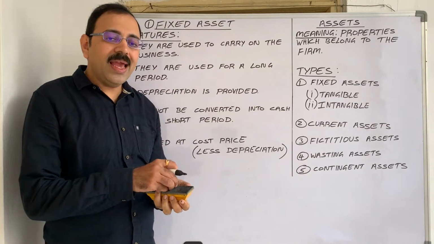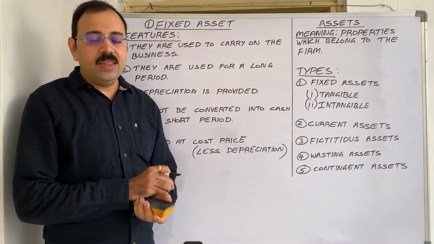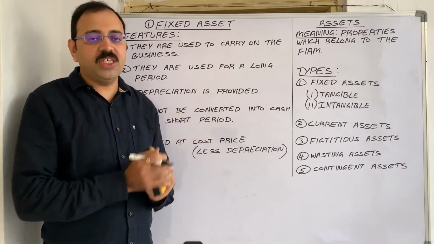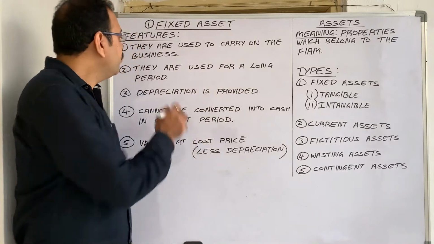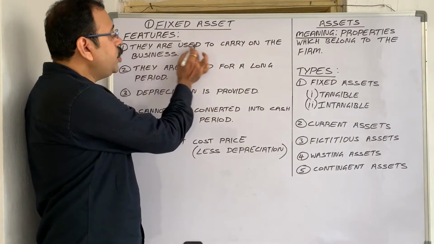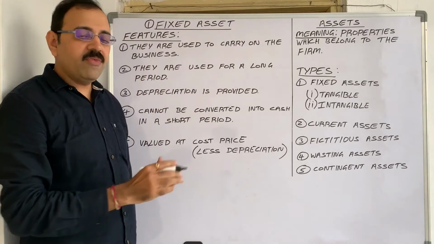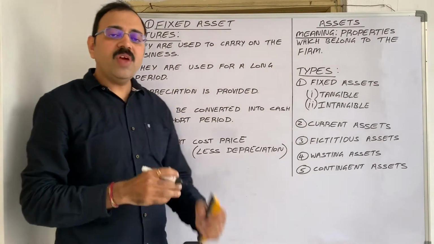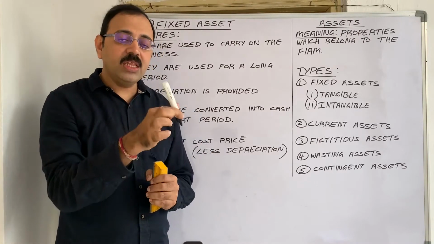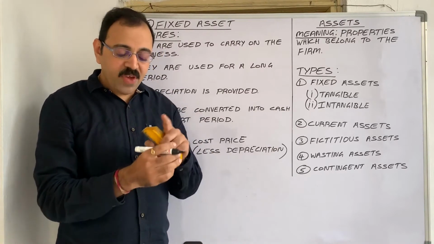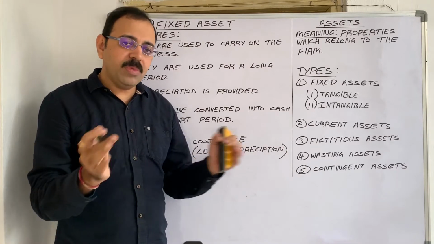To call any asset a fixed asset, that asset should possess some features. What are they? The first point is, they are used to carry on the business. Take one example. Suppose one firm is manufacturing these pens. To manufacture this pen, they need one machine.